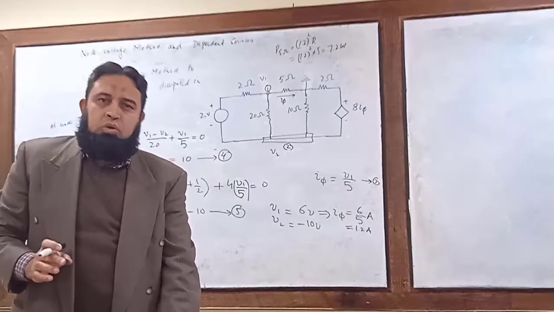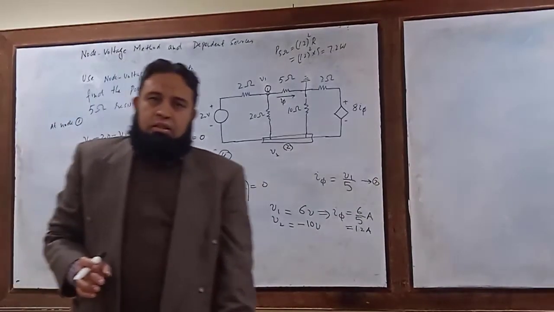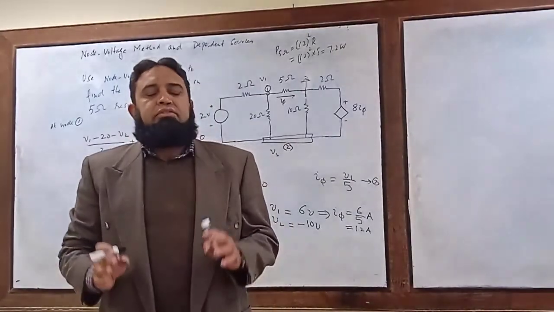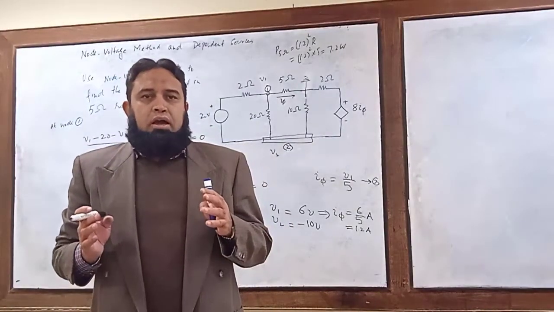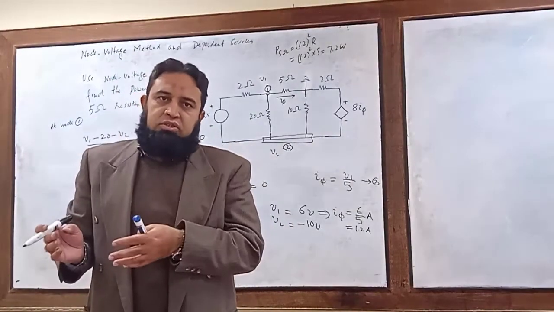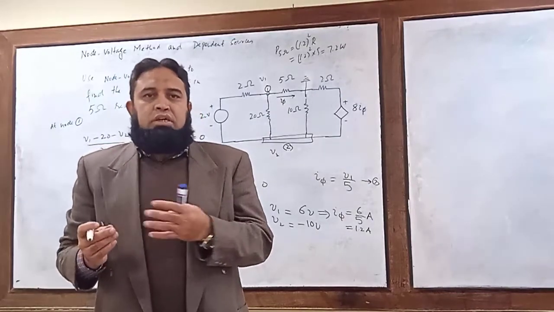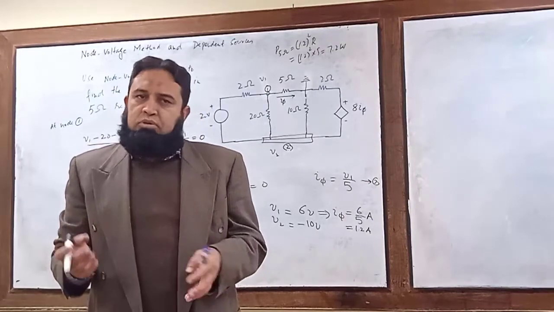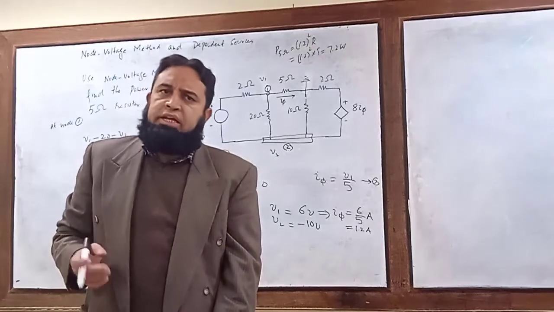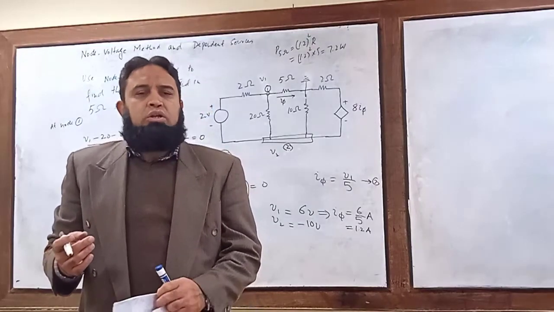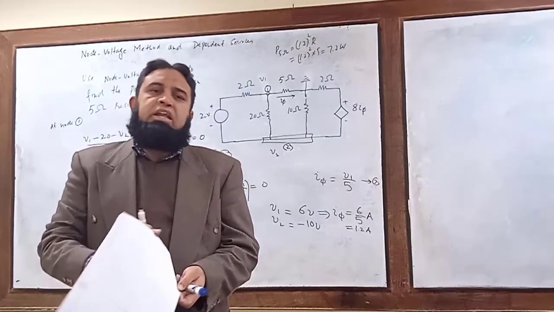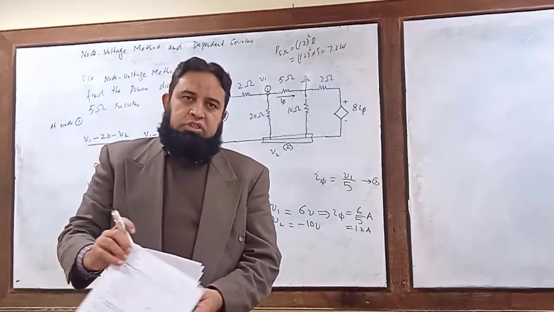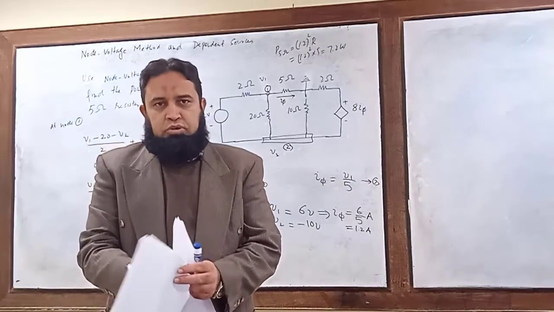This just shows you that there is no difference if you want to change the reference node, the one which is already solved in the examples in the book. It's up to you, whichever node you want to consider as the reference node. The final calculation should be the same, and of course it will be the same. There should be no change.